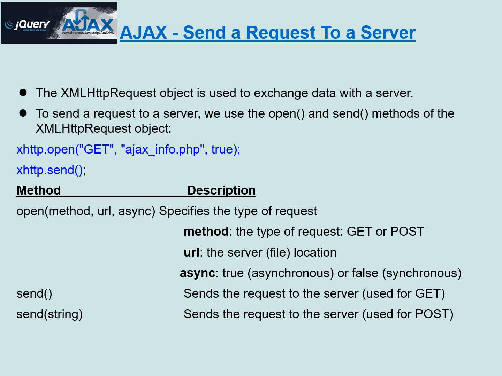The first type, send with no arguments, specifies the GET method, and send with a string argument specifies that the request towards the server is a POST method. So these are the methods associated with the XMLHttpRequest object. Remember, this object is used to exchange data with the server.